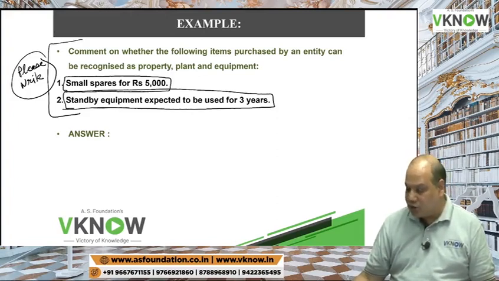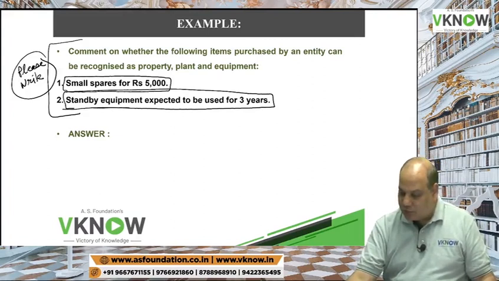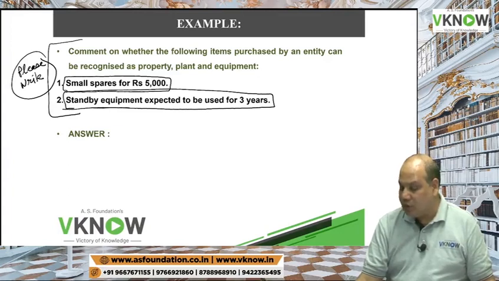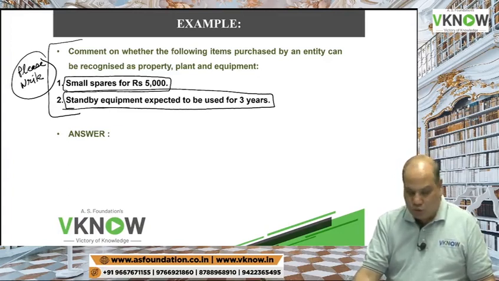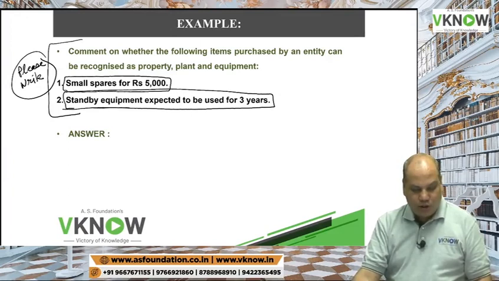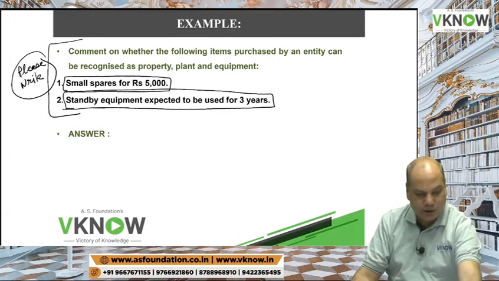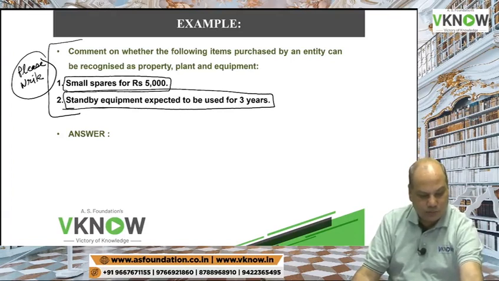So you have to answer which item out of this 1 and 2 will be accounted under AS-10 and which item will be accounted under AS-2. So two standards are applicable to these two different inventory items. Please reply.